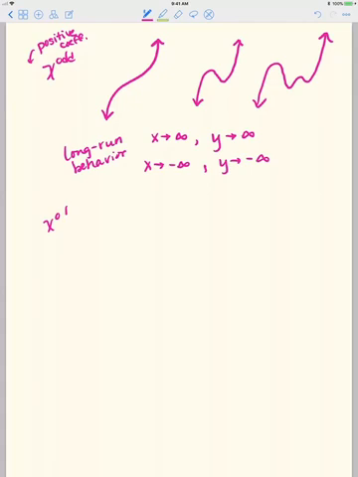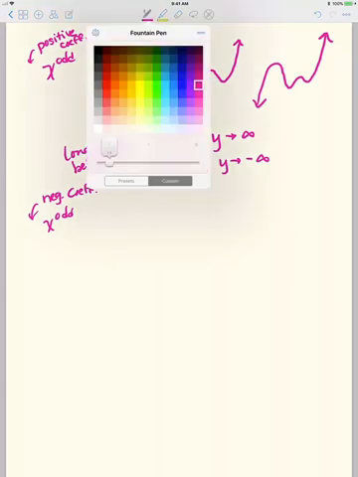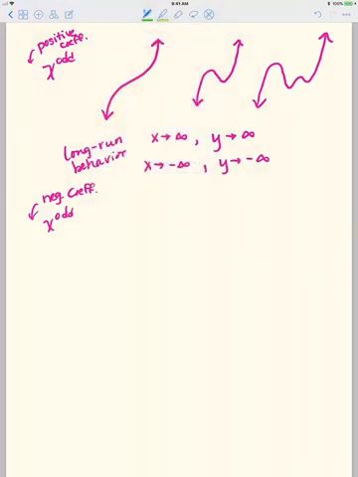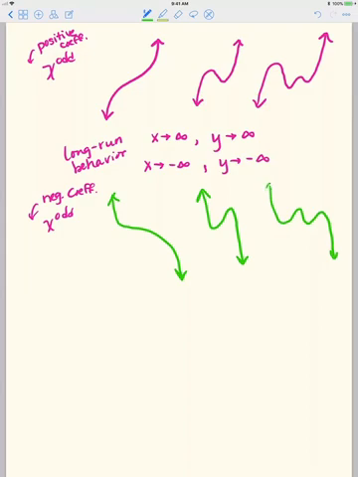If you have x to an odd power and you have a negative coefficient, it's just going to flip it. It's going to make it go the other direction. Again, it may depend on the power, how many zeros it has, what the function actually does.